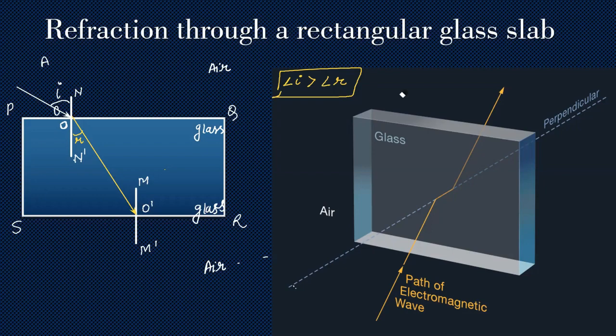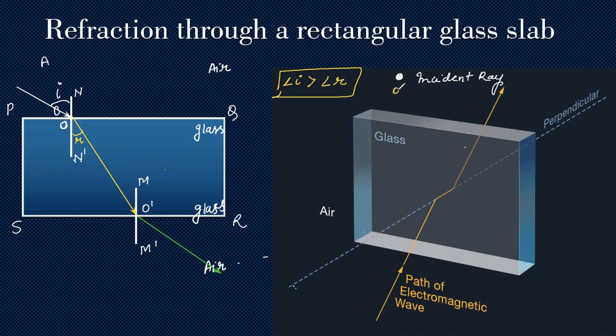So if I take one more ray, now this is going to go away from the normal. So this green ray is your another refracted ray. What name do we give to it? We give the name emergent ray. So the white one is the first ray which is incident, that is called the incident ray.